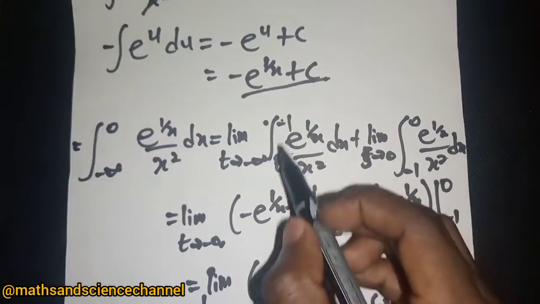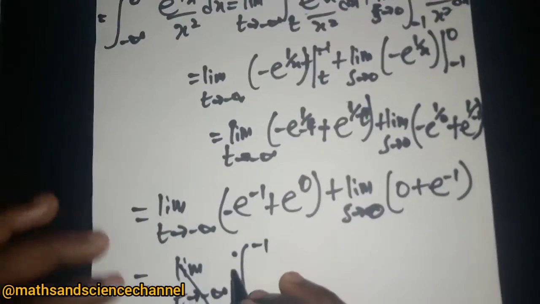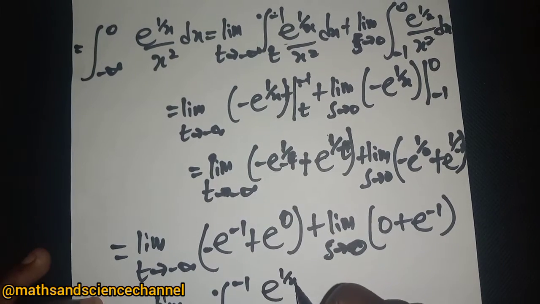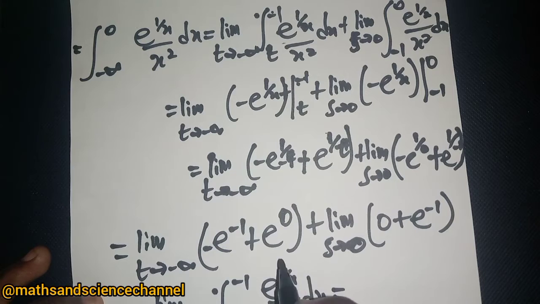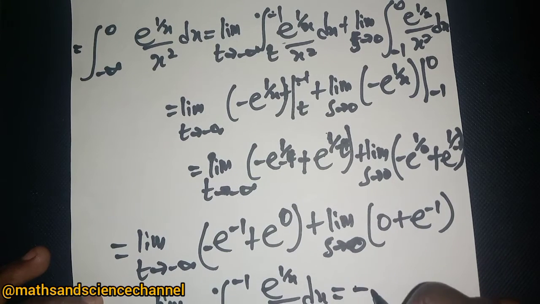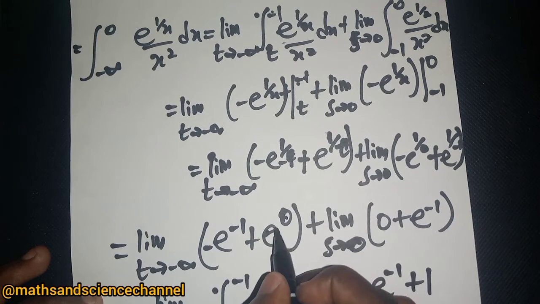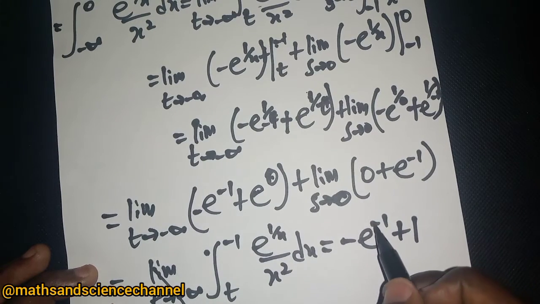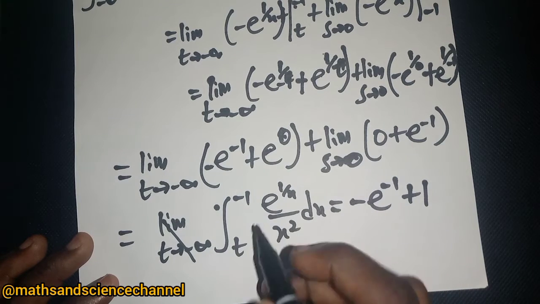The first limit we split, which was from negative 1 all the way to t, then we have e exponent 1 over x over x squared dx here, that is what gave us negative e exponent negative 1, then plus 1, so e exponent 0 is just 1. So that is for this one.